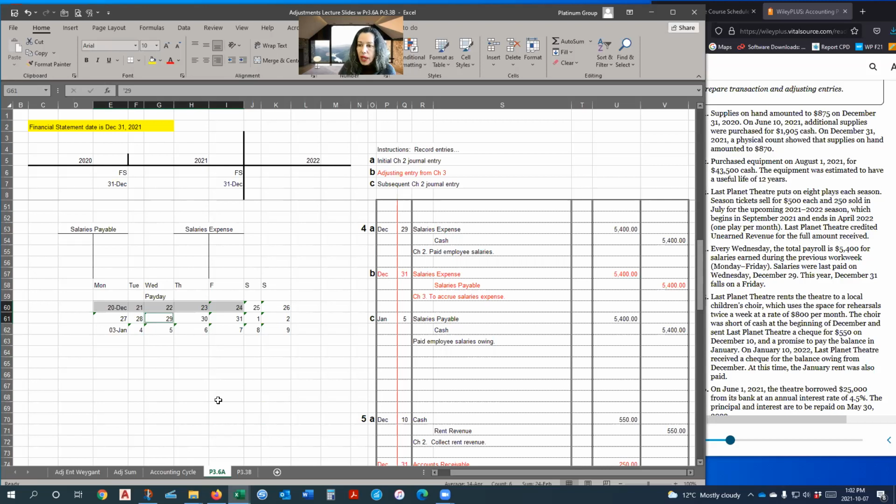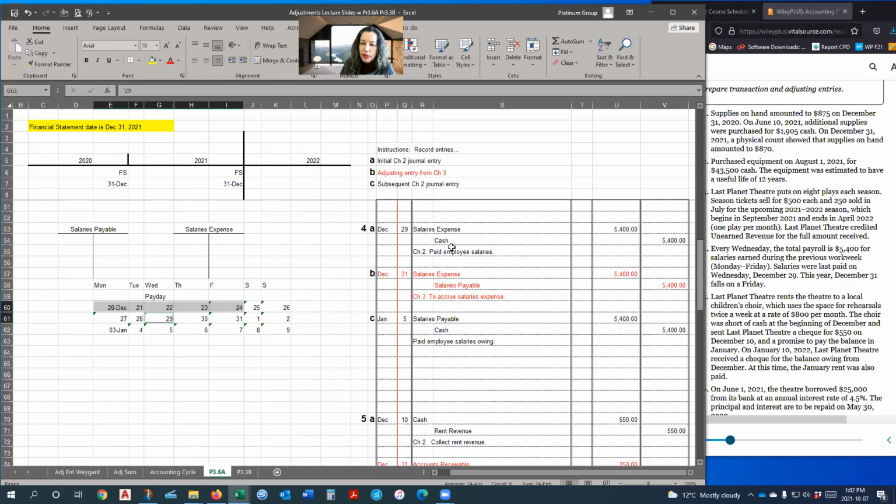That's what they're saying: the last time they paid people, on the 29th, they paid them for the 20th to the 24th, Monday to Friday. They paid them $5,700 or $5,400. So you can see right here, December 29th, they paid them for the previous week.